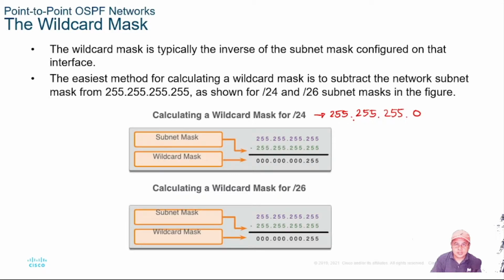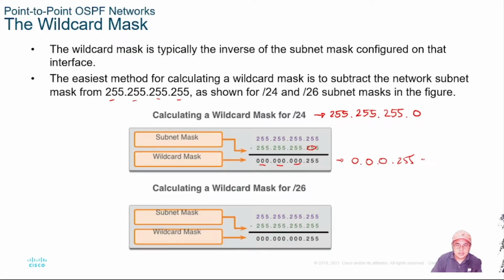So if we subtract the subnet mask from 255.255.255.255, actually the last one is 0, so I will make a correction here. 255 minus 255 is 0, so this is written as 0, and then another 0, 255 minus 0 is 255, and the third octet 0, 255 minus 0 is 255.